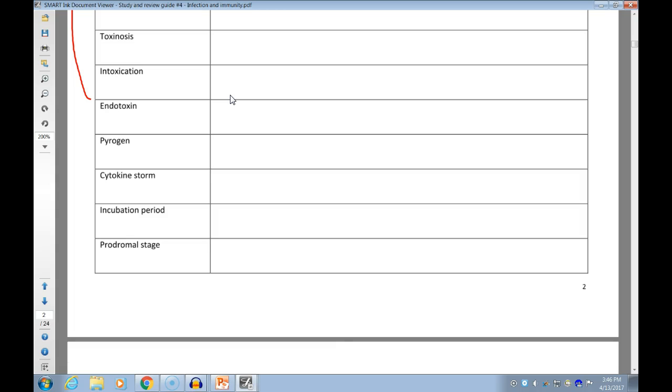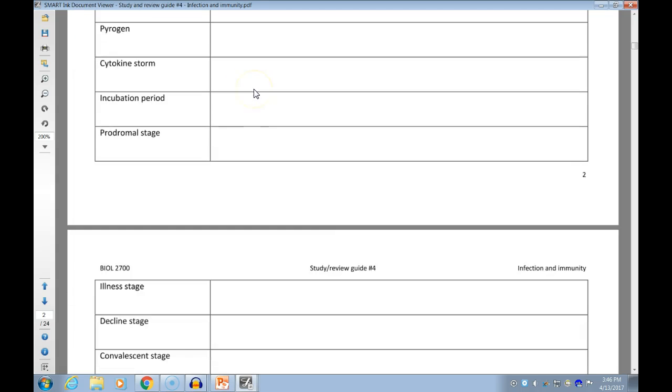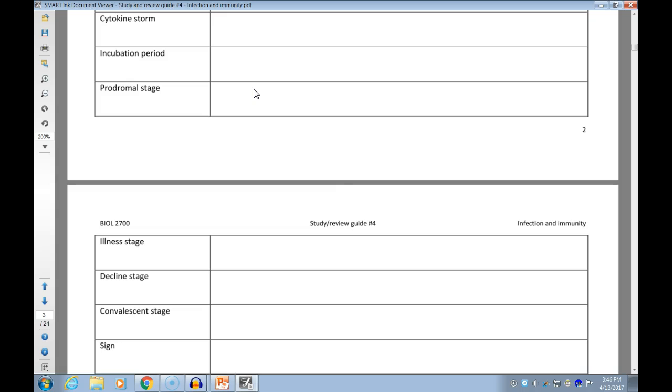Stages of disease. Self-explanatory. Seriously, when can a microbe potentially replicate? At which stage? That's a tricky question. Potentially can. All of them. Does that make sense?